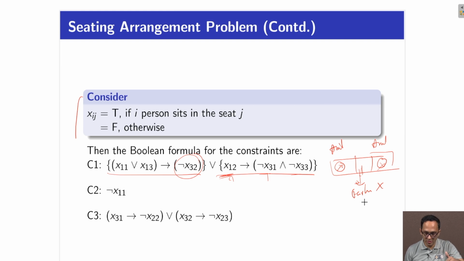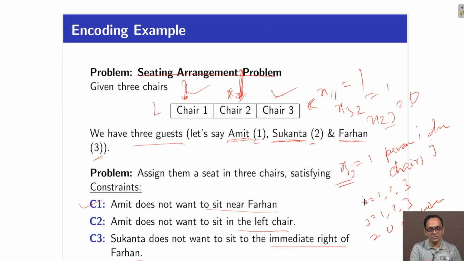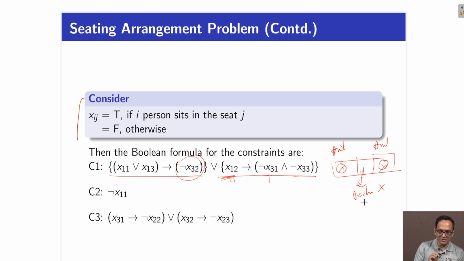So, this is how I encode the first one, that Amit does not want to sit near to Farhan. Okay. Let me repeat this one more time. Here I say that if Amit sits in seat number 1 or 3, it implies Farhan cannot sit in seat number 2. Similarly, if Amit sits in seat number 2, Farhan cannot sit in seat number 1 or 3. This is how I encode this.